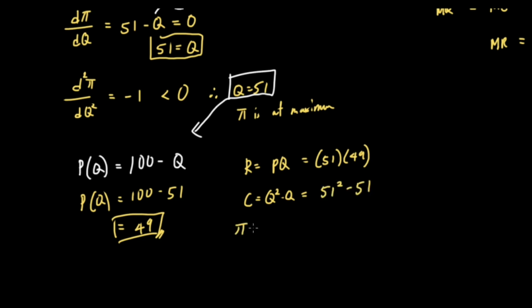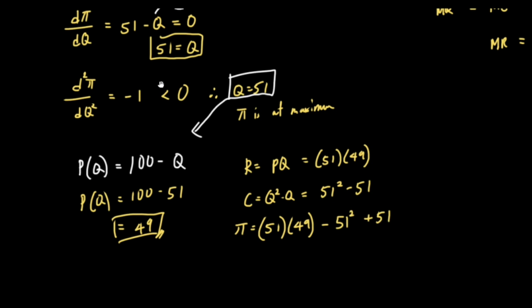And so pi, the total profit of the firm, would be equal to 51 times 49 minus 51 squared plus 51.